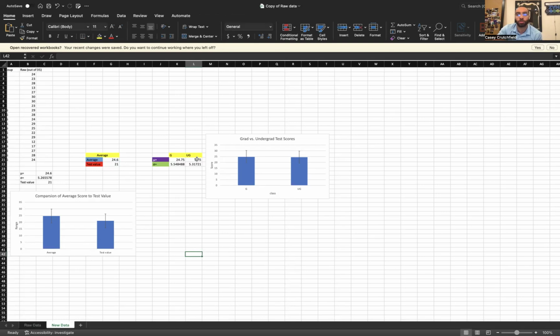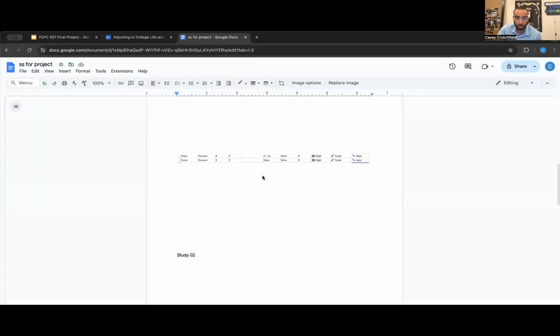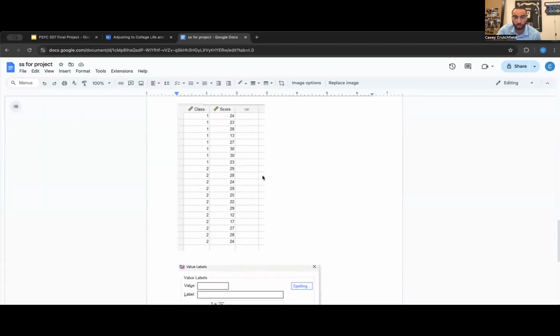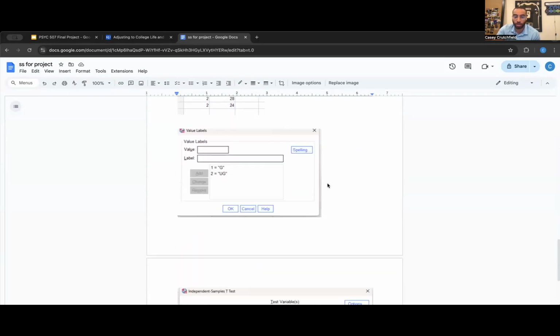And now we will start study two. For study two, I went back to SPSS, which I will do right now. Show my screenshots. As you can see, it's once again class and score, with the participants on the left and their scores on the right, class being the independent and score being the dependent.